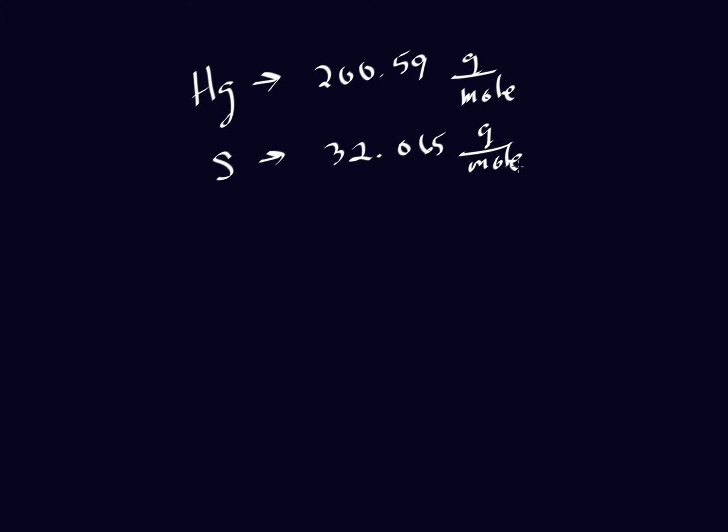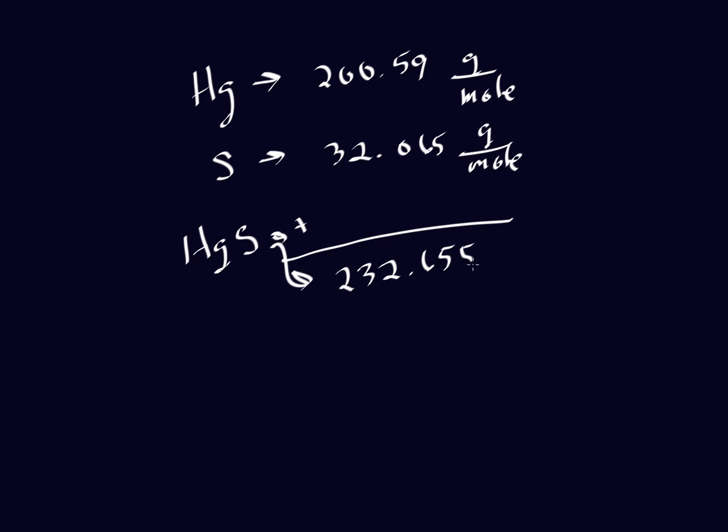Very light compared to mercury. So what about cinnabar, HgS? Well, we just have a 1-to-1 ratio of these, so we would just take the sum of those two things. If we add those two together, we would get 232.655 grams per mole. That's the molecular weight of cinnabar.